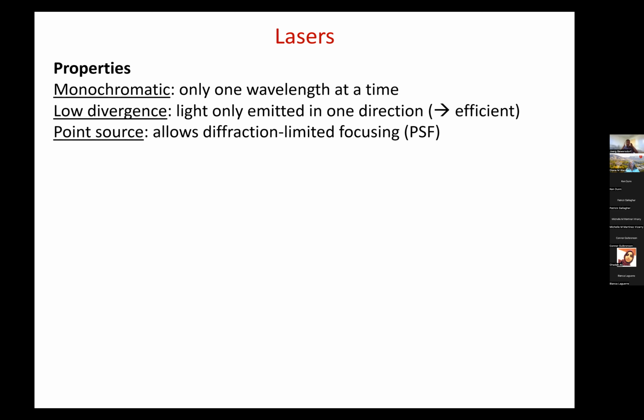That means all the laser light is coming out in one direction, which makes it easier to efficiently steer it towards the objective and focus it. And they are a point source. So that means if we focus them by the objective, they will produce the smallest possible focus, namely a diffraction limited focus. And that will determine the resolution of our laser scanning microscope.